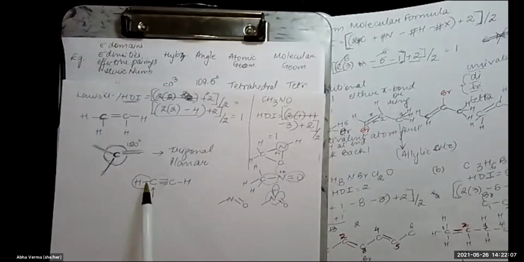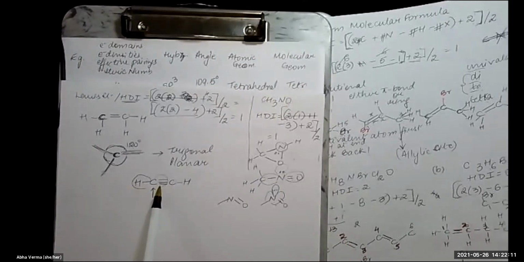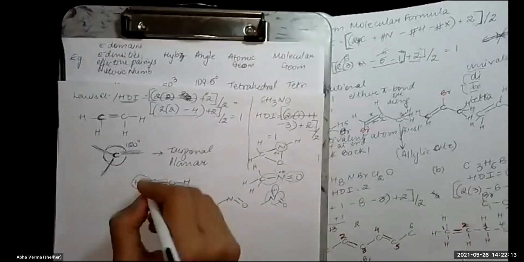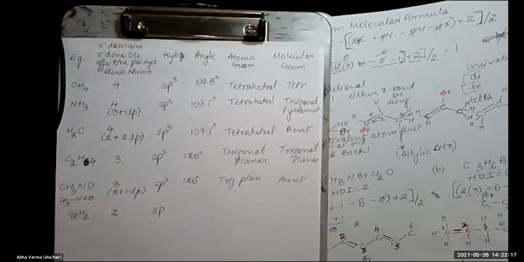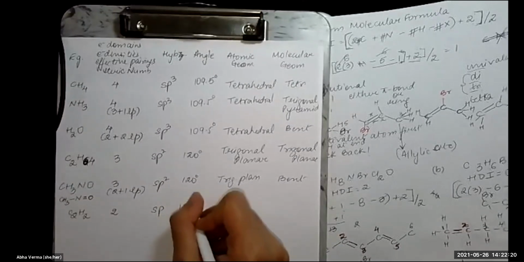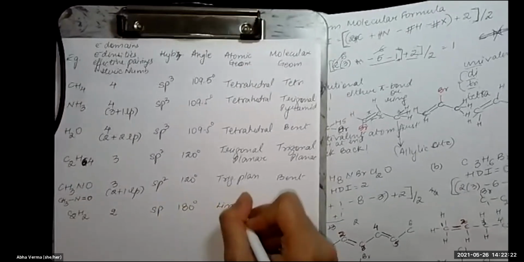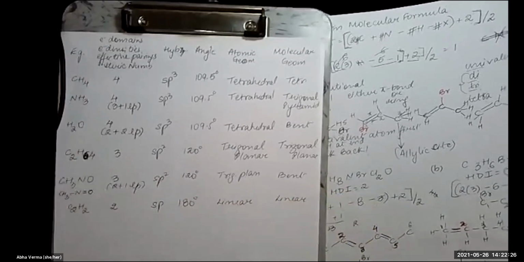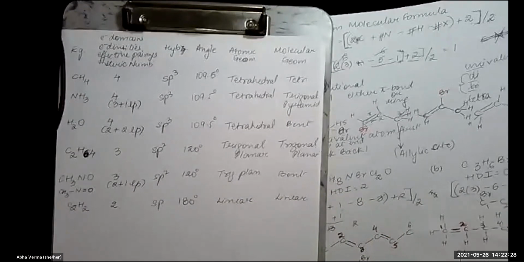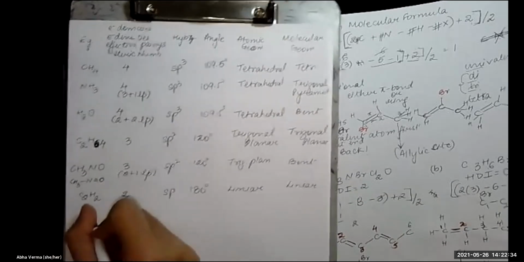For this carbon to have the best location of atoms around it, the bond angle should be 180 degrees, which should be linear. Linear and linear.